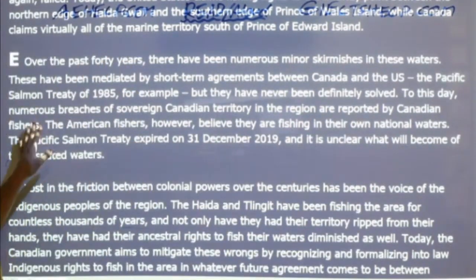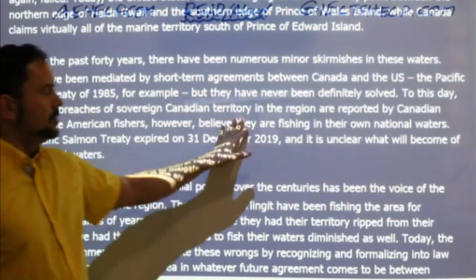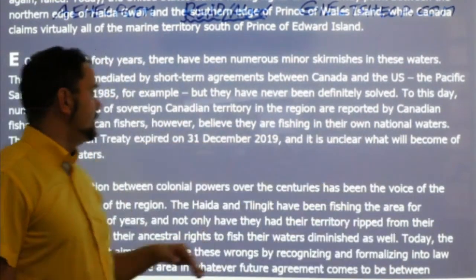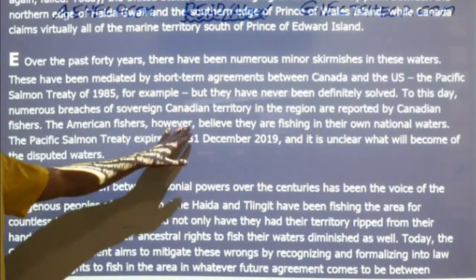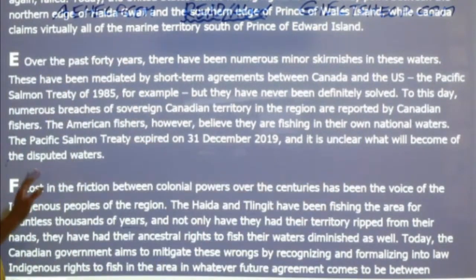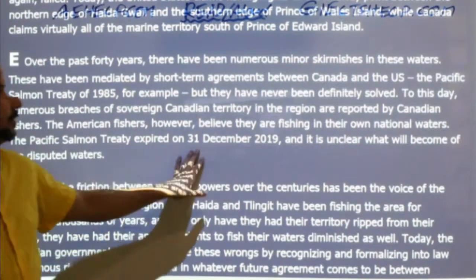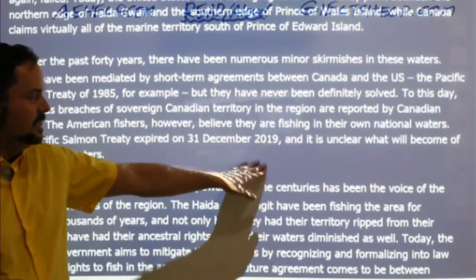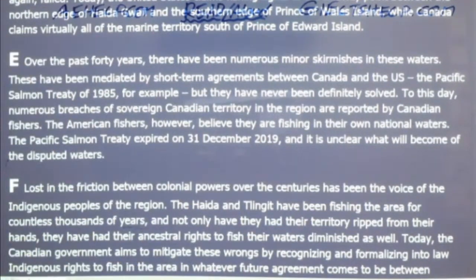To this day, numerous breaches of sovereign Canadian territory in the region are reported by Canadian fishers. The American fishers, however, believe they are fishing in their own national waters. The Pacific Salmon Treaty expired on the 31st of December 2019, and it is unclear what will become of the disputed waters. What is this about?